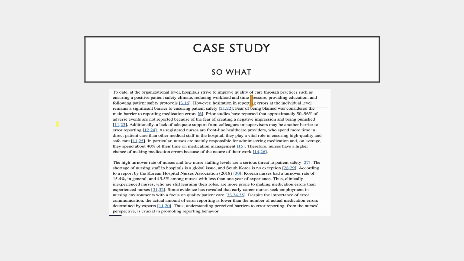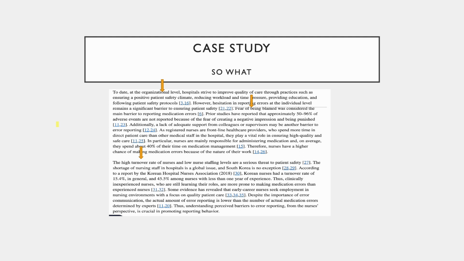Paragraphs 3 and 4 answer the so what question and identify continued consequences of not addressing the problem. It starts out with today the organizational level hospitals strive for quality care. It goes on to the next, but fear of being blamed was considered the main barrier.